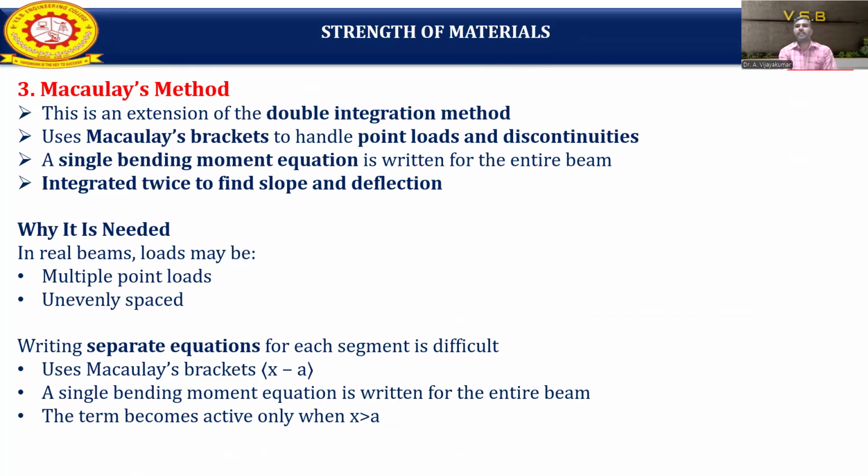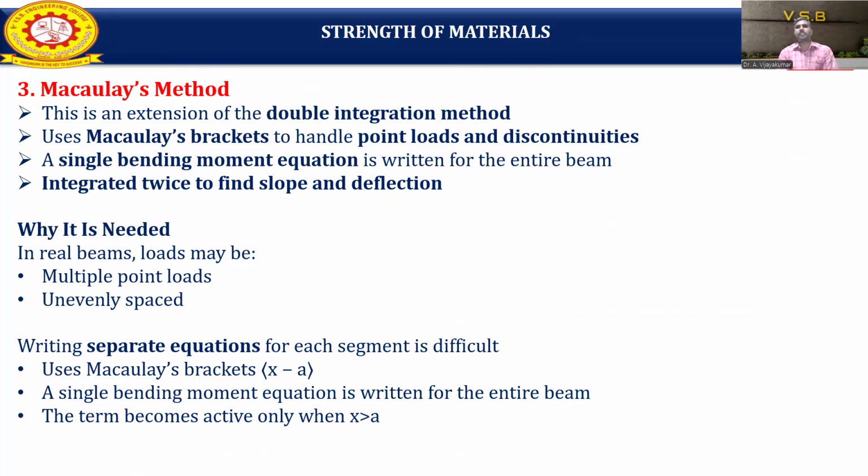Where can we use this method? For a beam having multiple point loads. If you take the point supports A and B, between A and B there may be different point loads, or unevenly spaced support conditions. Based on that, we can use Macaulay's method. Writing a separate equation for each segment is very difficult.